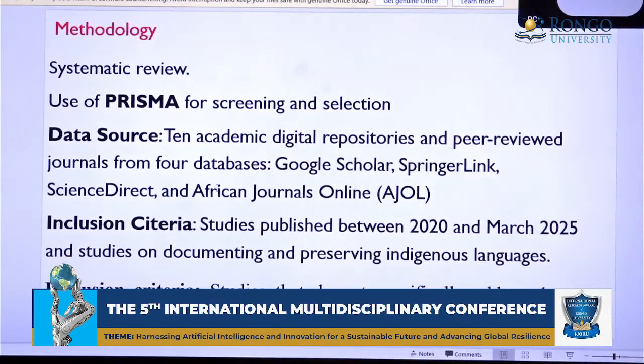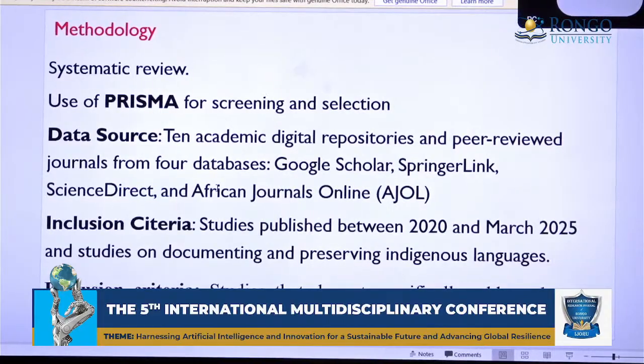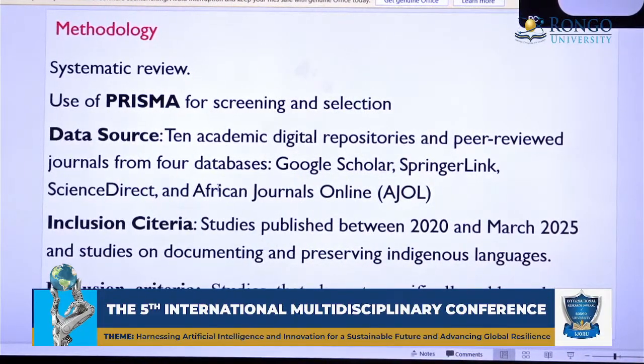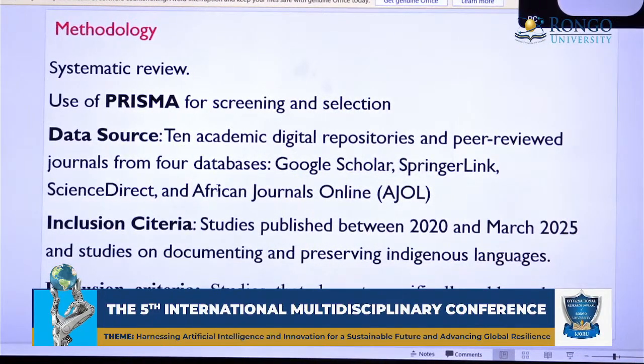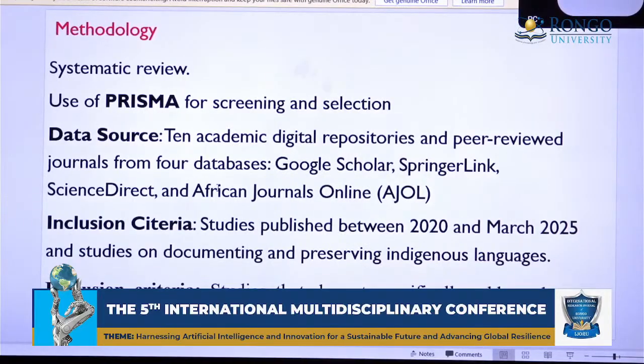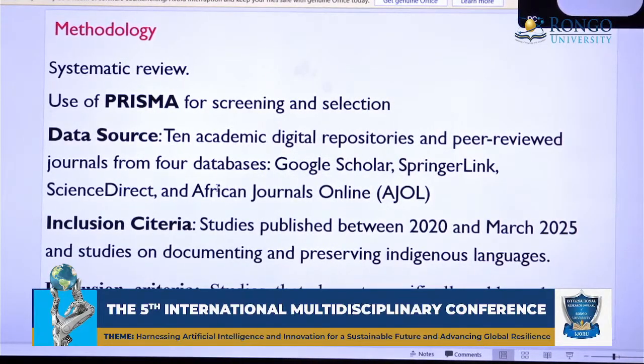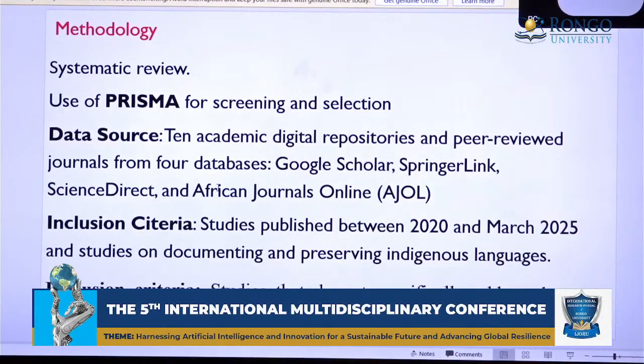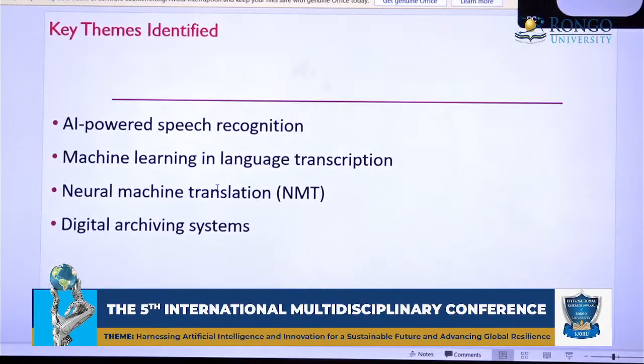The criteria we used for inclusion in the review was studies that were published between 2020 and March 2025. We intended to look at the current studies on how they talk about AI and whether it can be applicable in revitalizing our indigenous languages and also preserving them. The exclusion criteria was that we didn't look at those studies which don't specifically address language preservation.